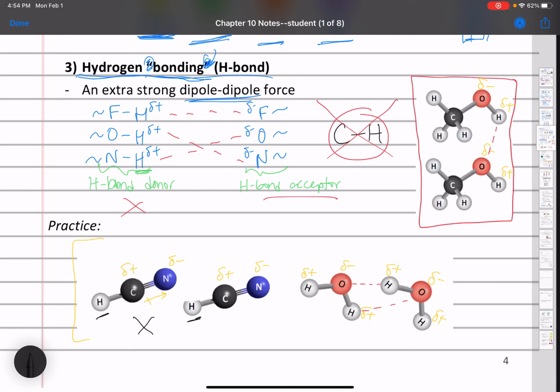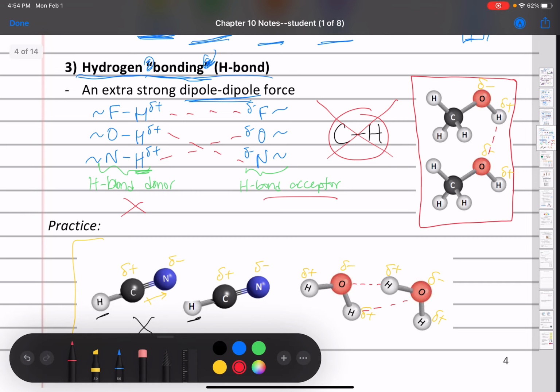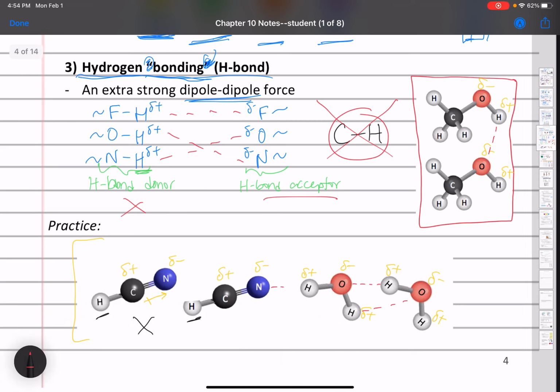But if you added water to it and you mixed them together, all right, you would have hydrogen bonding because the water molecule has a partially positive hydrogen, that is the hydrogen donor, all right, and it will be attracted to that negative nitrogen on the HCN molecule.